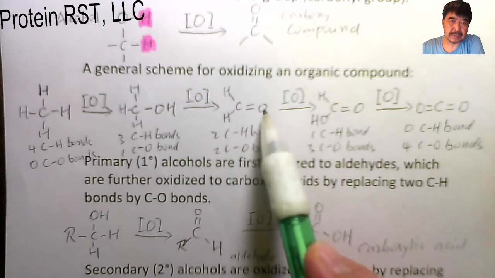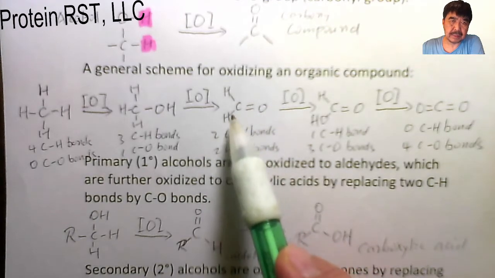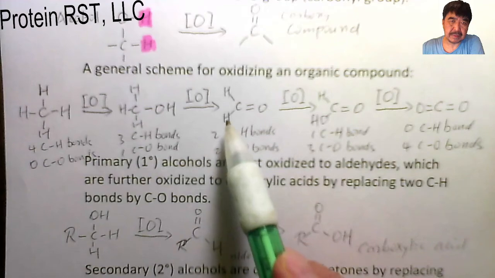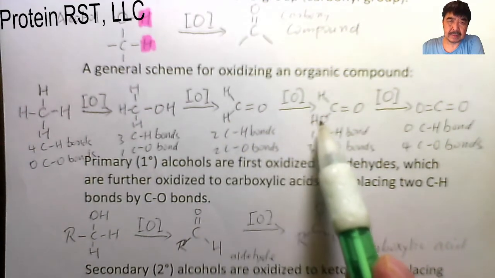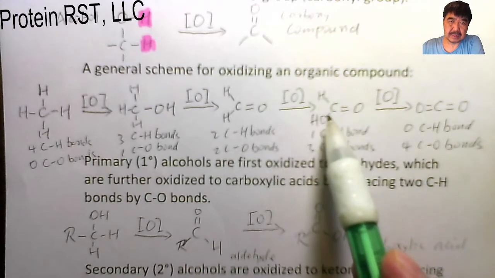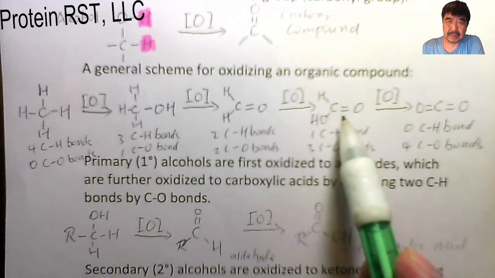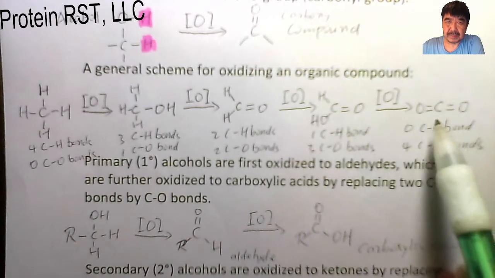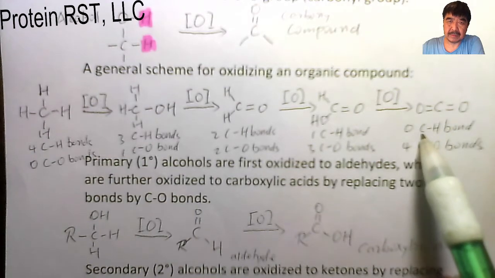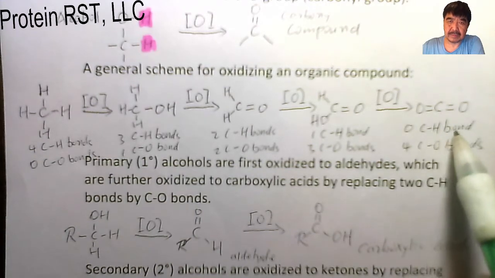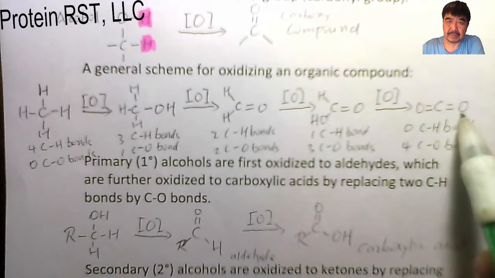This becomes 2 C-O bonds, also decreasing C-H bonds by another one, and then this third one, another C-O bond is added and the C-H bonds decrease, and eventually the final product has 0 C-H bonds and 4 C-O bonds.